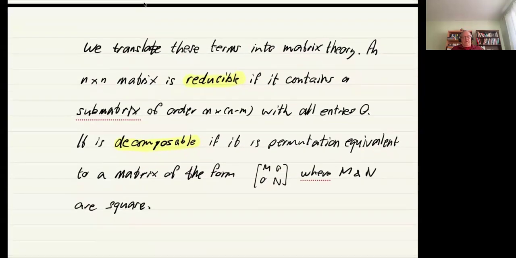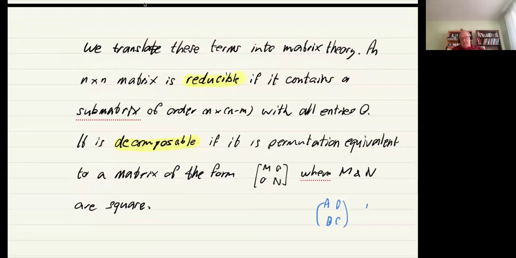To do that, I need to translate these terms into matrix theory. An n-by-n matrix is reducible if it contains a submatrix of order m by n minus m with all entries 0, or is permutation equivalent to such a thing.